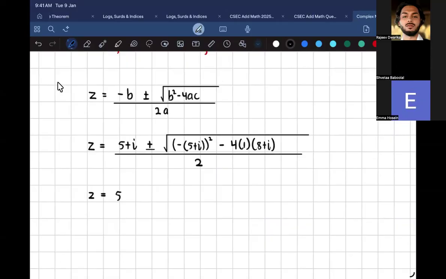So you're going to put 5 plus i plus or minus. And I want you to understand that the negative on 5 plus i could mean negative 1 times 5 plus i, and negative 1 squared is just 1. So we're really looking at 5 plus i squared.